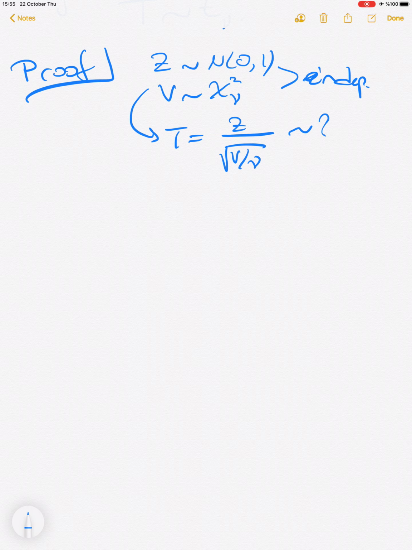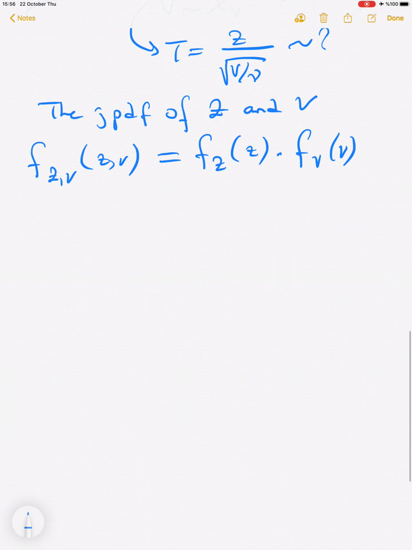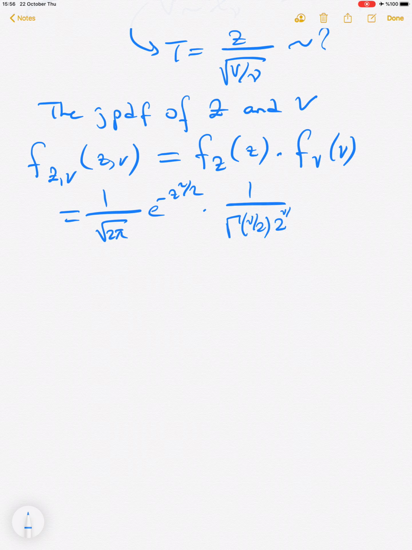From that we need to find the marginal distribution of T. So we first consider the joint PDF of Z and V. Because they are independent, we write it as a multiplication: a standard normal PDF and a chi-square PDF, with V to the power nu over 2 minus 1, times e to the minus V over 2.